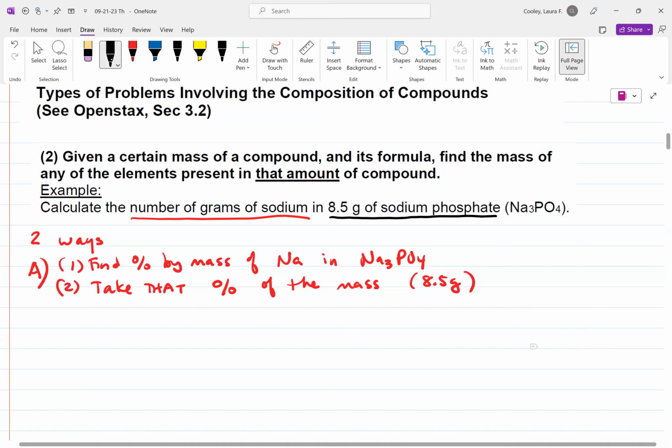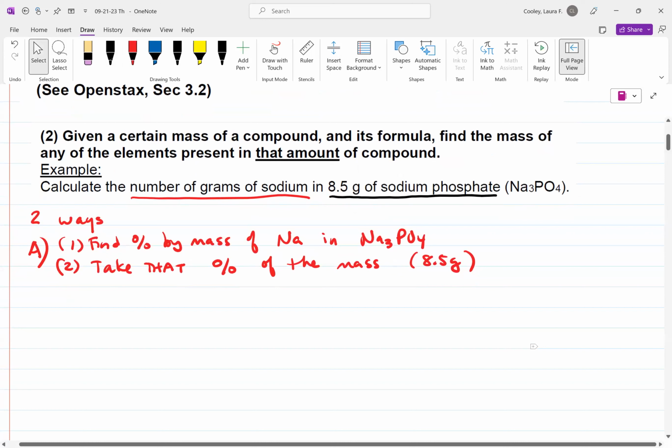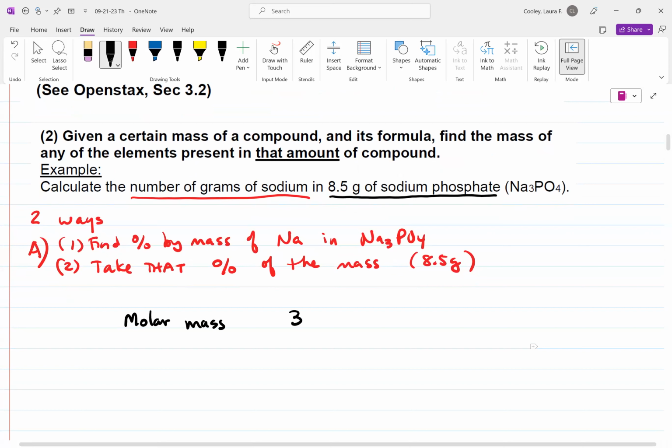When you're trying to find the percent of an element in a compound, what you have to do, as I said last time, is calculate the molar mass of the compound. As you do that molar mass, you have 3 sodiums in the compound, 1 phosphorus and 4 oxygens.